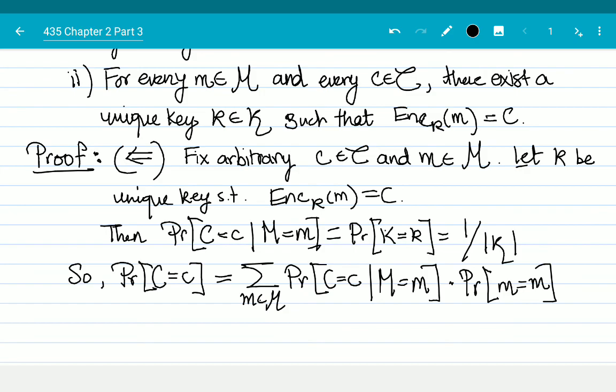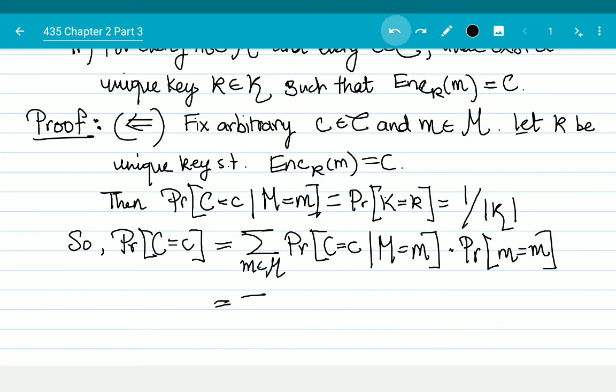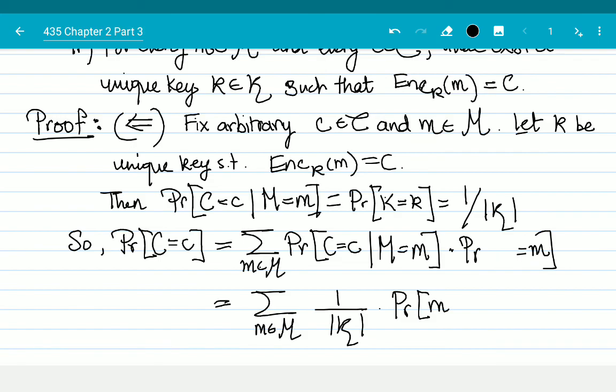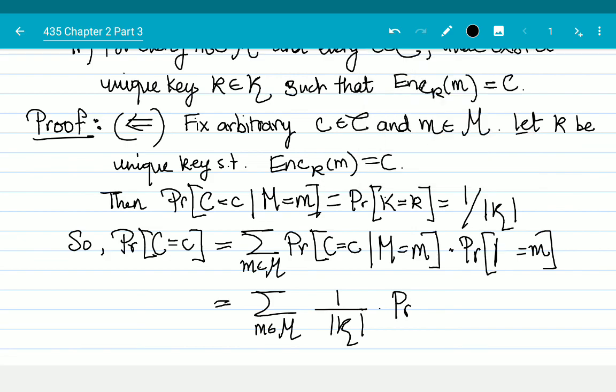and, let me write it in full detail, this is 1 over the size of K times the summation over m in M of the probability that the message is equal to m.